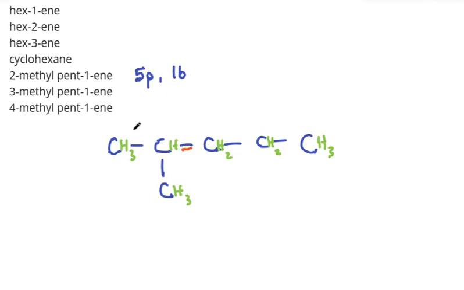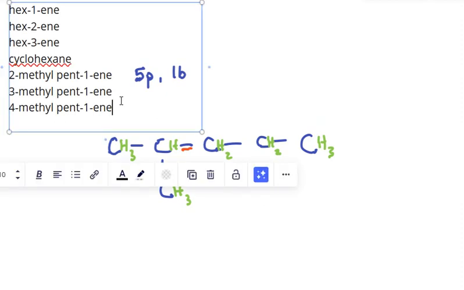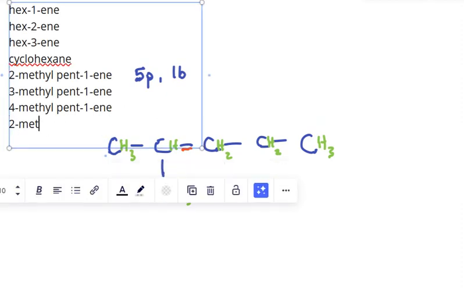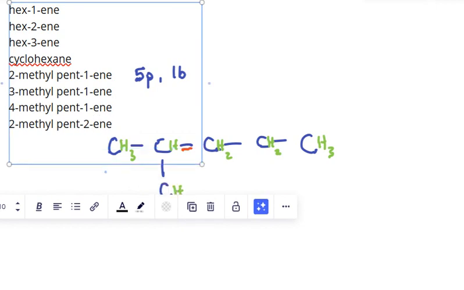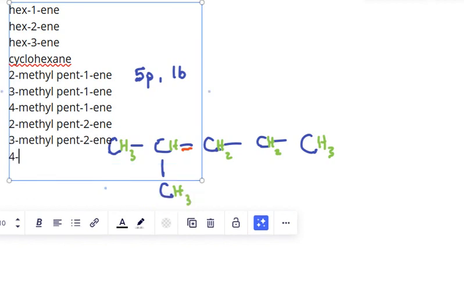So now instead of pent 1-ene, we have pent 2-ene, and we still have the ability to take this methyl group and scoot it around from one spot to the next. So if we did that, we could have 2-methylpent-2-ene. We could have 3-methylpent-2-ene, 4-methylpent-2-ene.